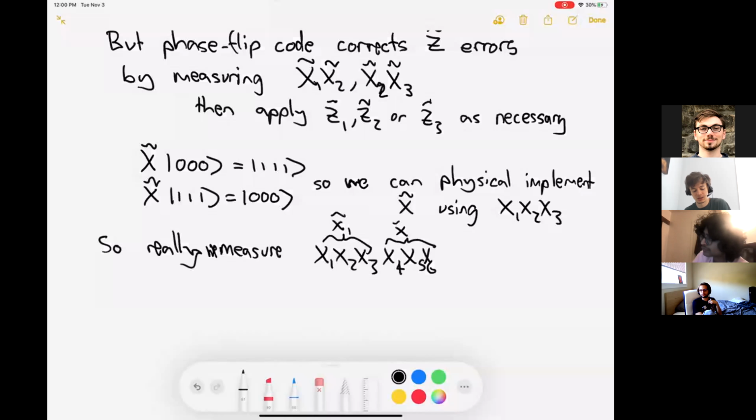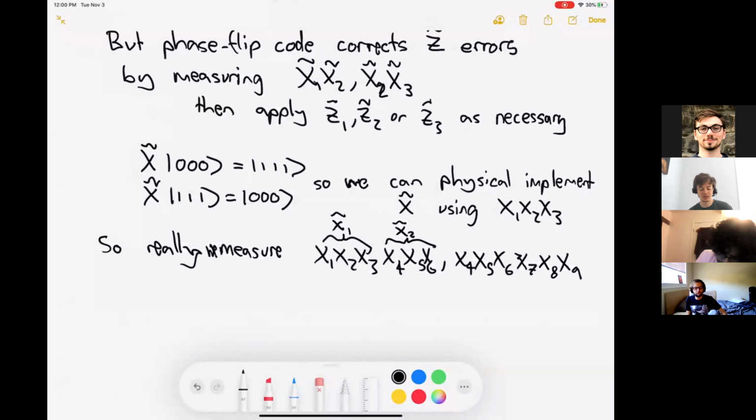That's x1 tilde. And x4, x5, x6, x7, x8, x9. That's x2 tilde. So these two measurement operators are just the product of all these things. That just corresponds to doing a load of CNOTs conditioned on 6 different things, one by one, to store the product of all those x's in an ancilla, and then just measure the ancilla.